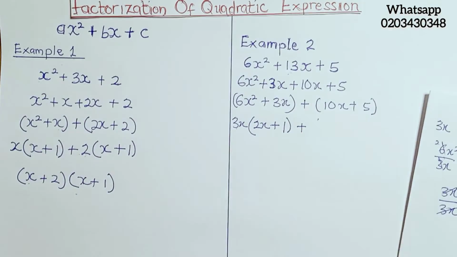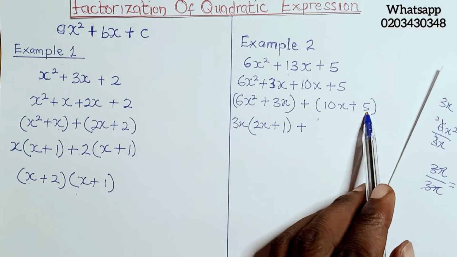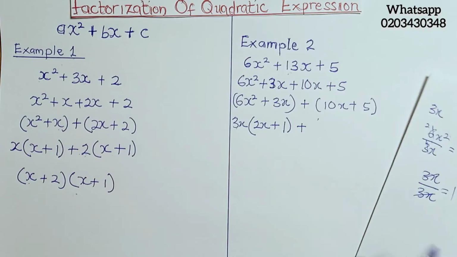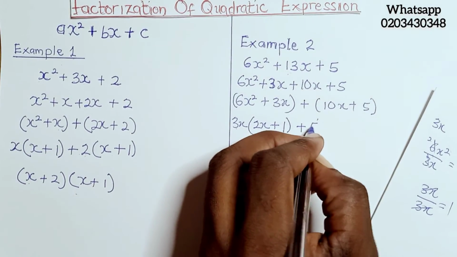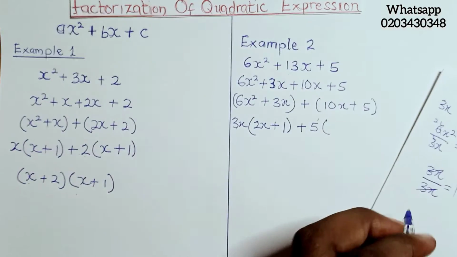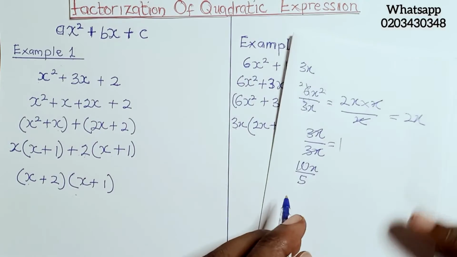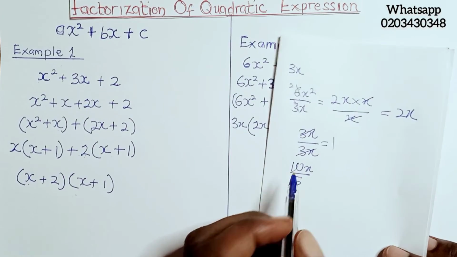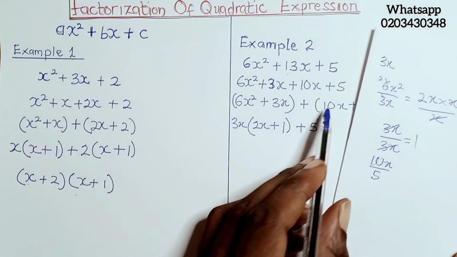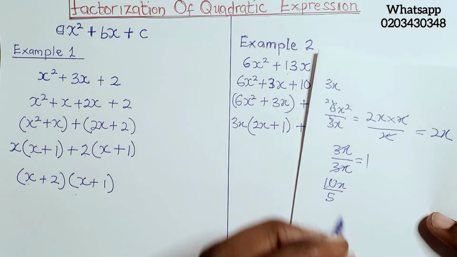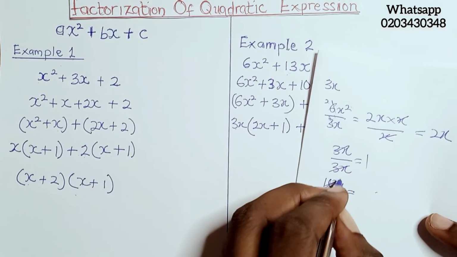Plus, now let's see which one is the common factor here. I know 5 can divide 10, so 5 is the common factor. So we have 5 outside the bracket. Then 10x divided by 5. We'll use the common factor to divide the first term. 5 will divide itself 1, divide 10 gives 2.